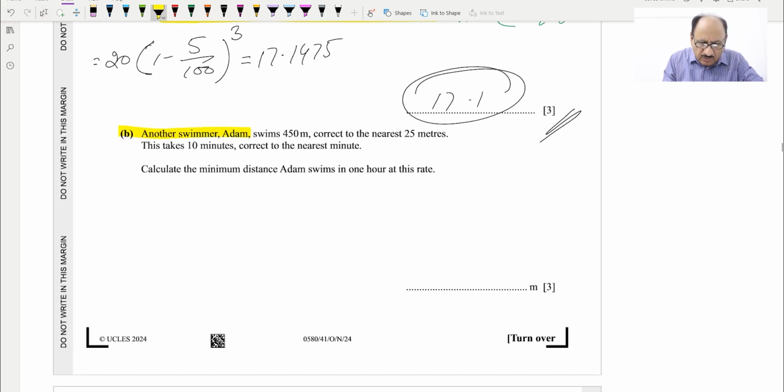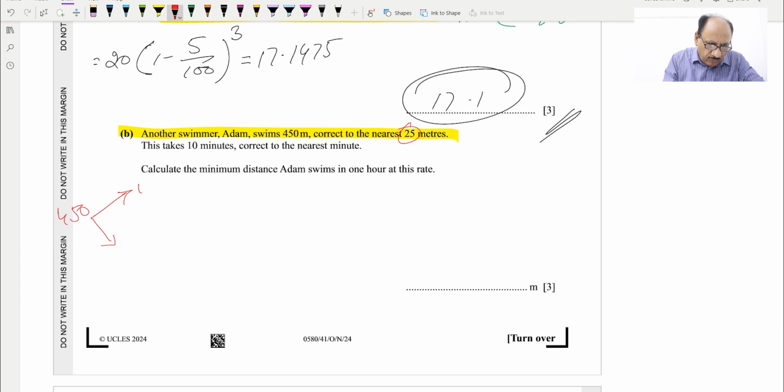Now another swimmer, Adam, swims 450 meters correct to the nearest 25 meters. So this is about lower bound and upper bound. Half of 25 will be 12.5.